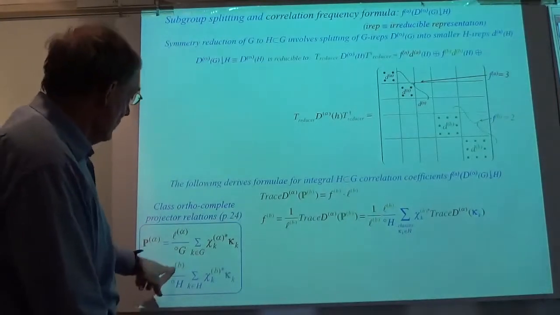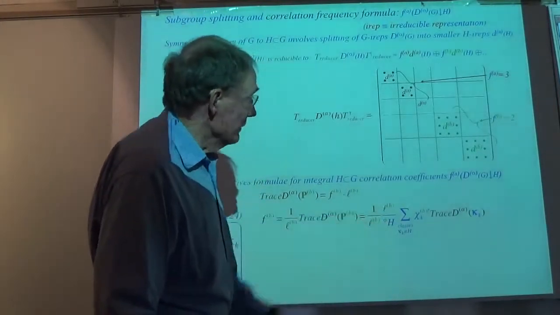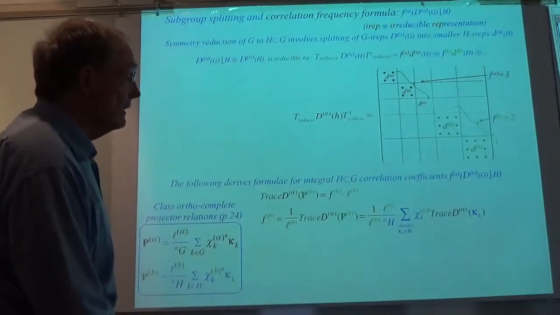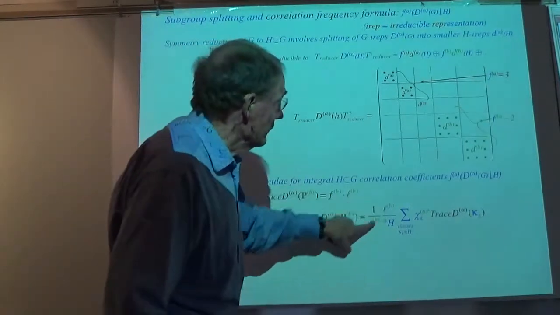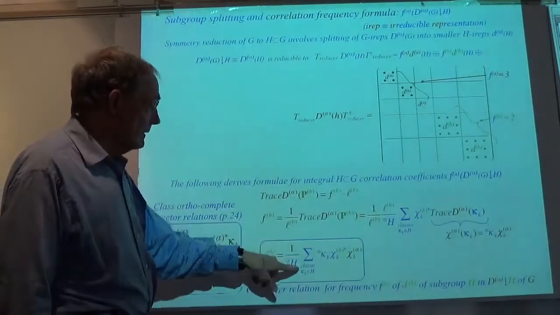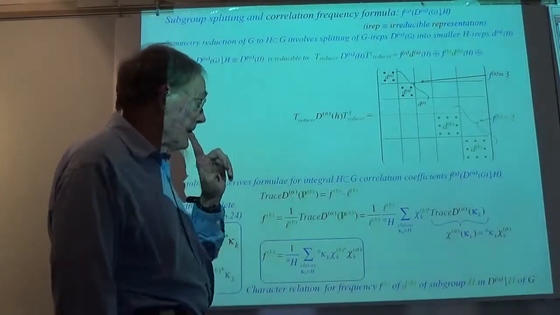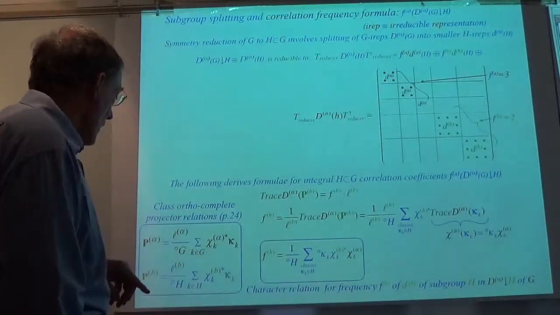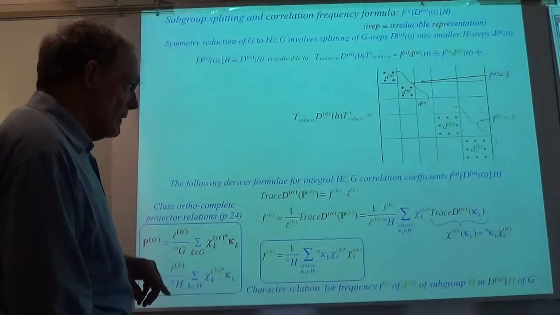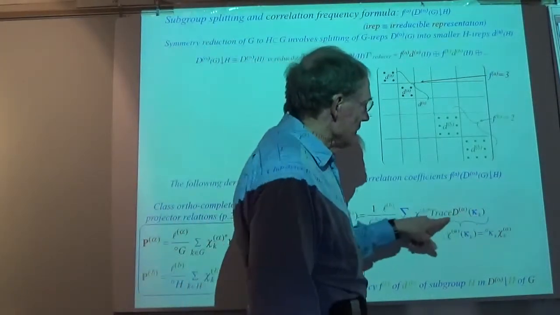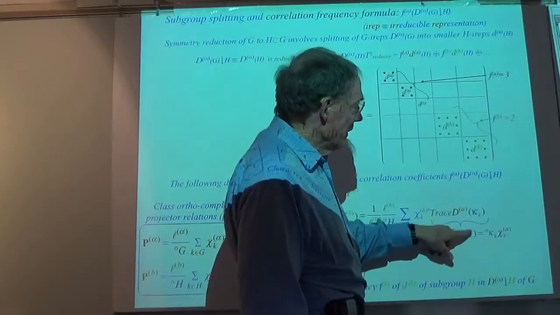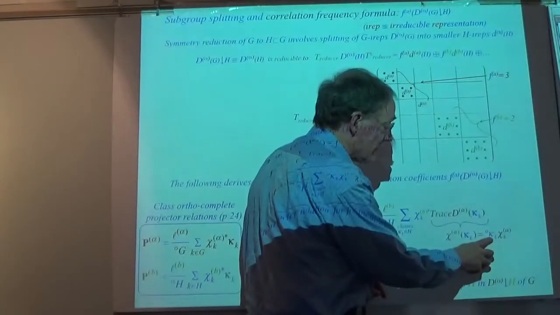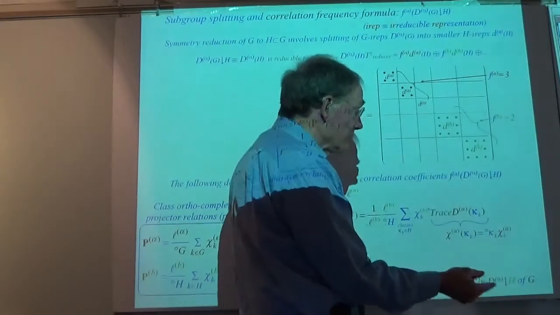So I have to put these numbers in the order of what's left of my symmetry, a subgroup symmetry, H. And this will cancel, so I get a fairly simple formula here that just involves the trace of this element, this class element, which is a sum of the order of the class, and all of those have the same trace.